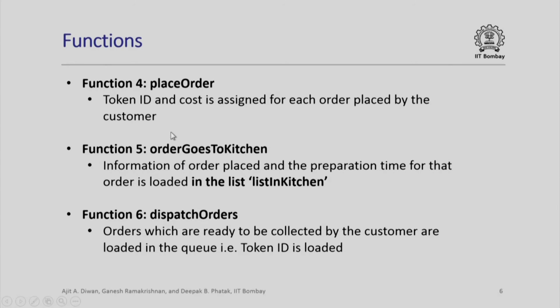Place order is another function which gives the token ID and cost assigned for every order that has been placed. Order goes to kitchen is the important function. You will recall earlier we had used an array. Now, the information about order, place and preparation time will be loaded in the list. Dispatch orders, of course, we have already seen earlier, handles the orders which are ready to be collected.